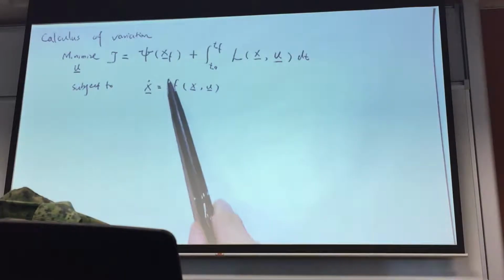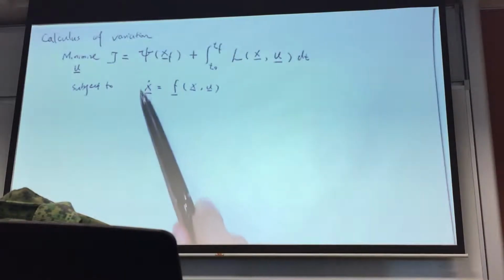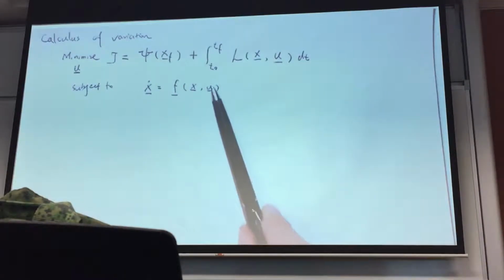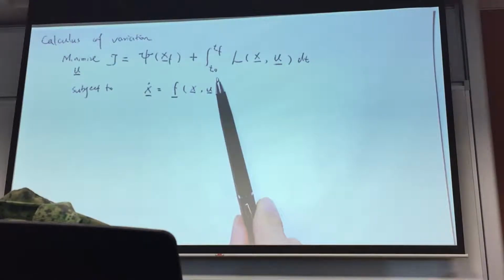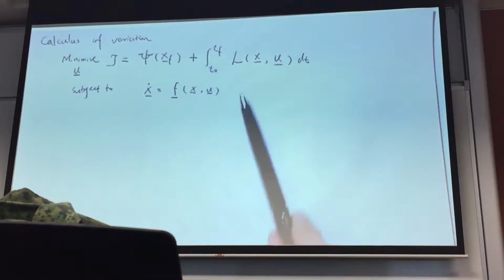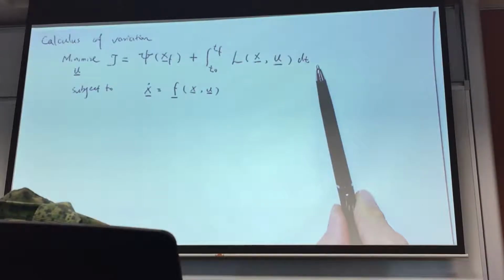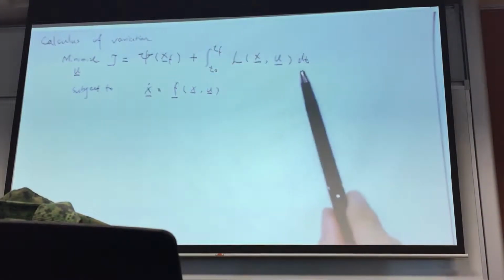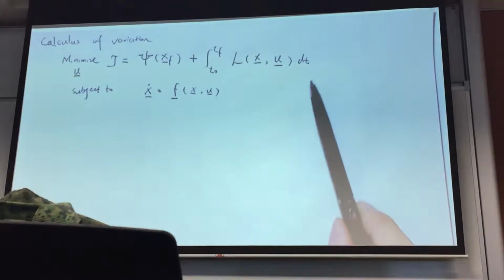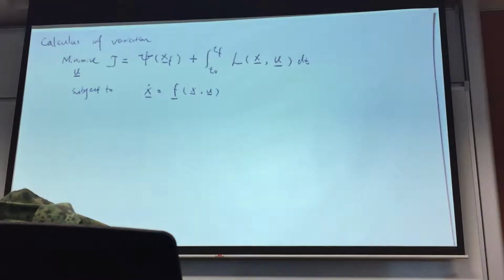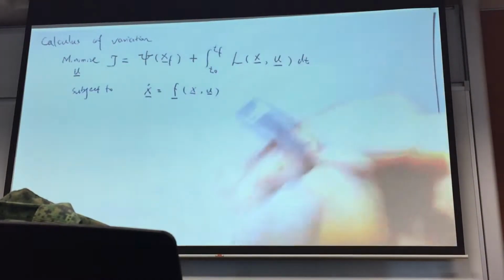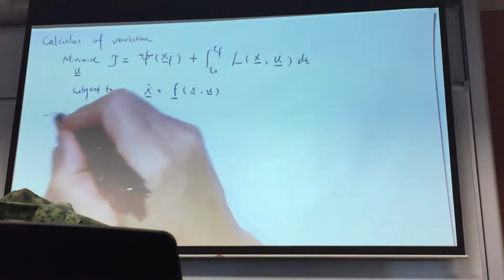And secondly, now the dynamics is represented by a differential equation, but not an algebraic equation. So this kind of problem cannot be tackled with the technique discussed before. These are the problem formulation.